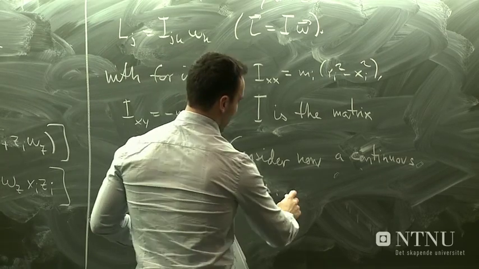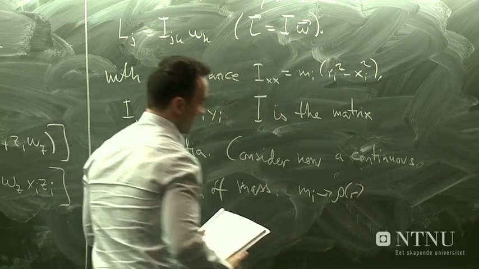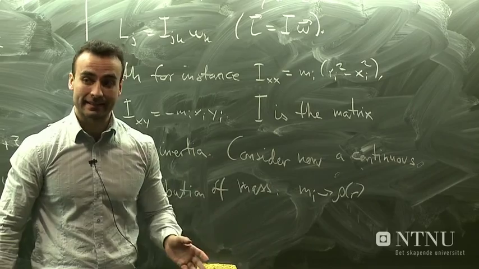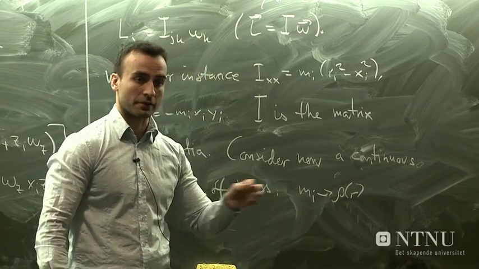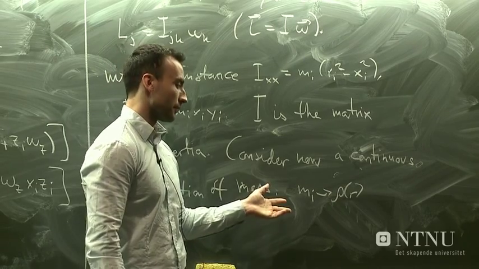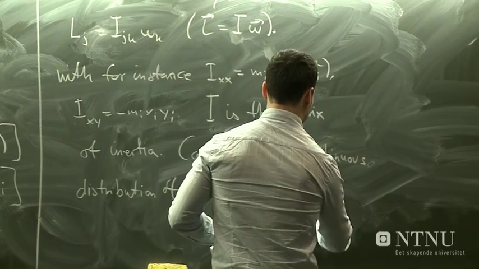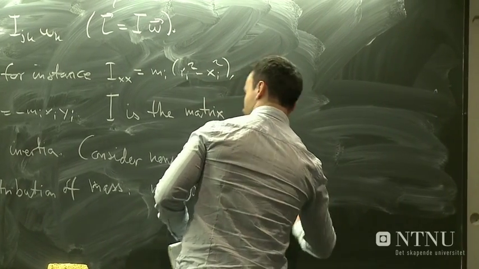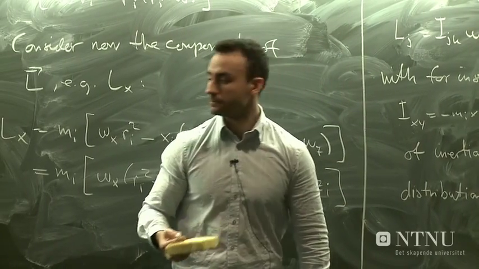In which case we should let this m_i go to some density function. So it's the density of the rigid body as a function of position. If it's a homogeneous body, then rho of r is just a constant. And similarly, we have to let the sum go to an integration over the volume.